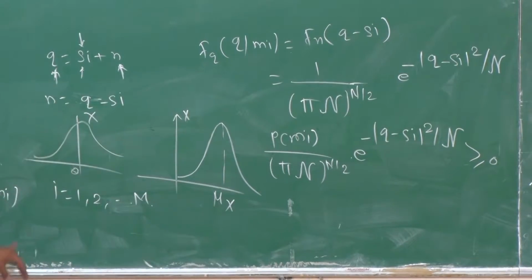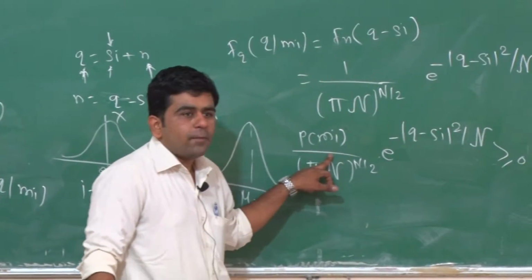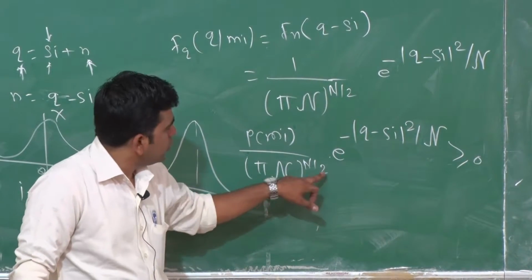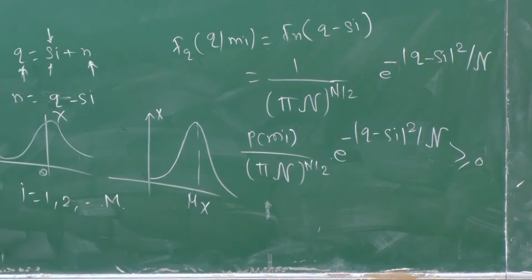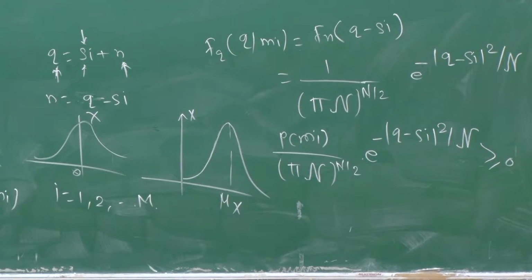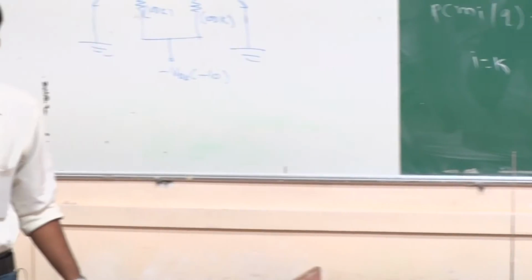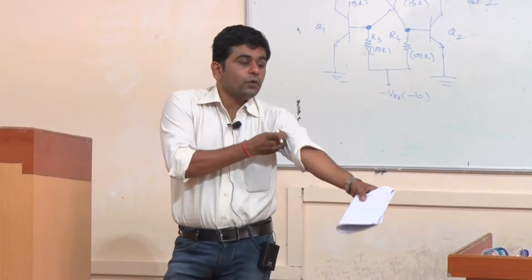Now we put this quantity here, so we get probability of mi divided by pi into italic N raised to n by 2 into e raised to minus q minus si square. This is the normalized factor. It uses the distance divided by italic N, which is greater than or equal to 0.